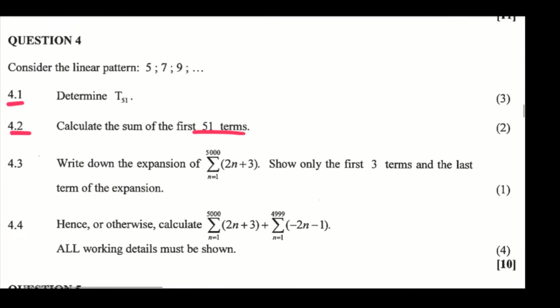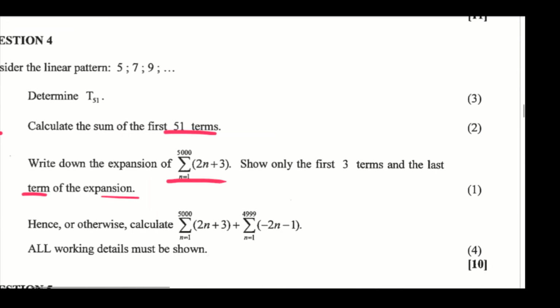So now we're going to 4.3, where we are told to write down the expansion of this here. Show only the first 3 terms and the last term of the expansion. We are asked to just identify the first 3 terms.